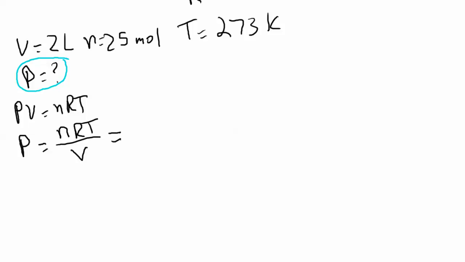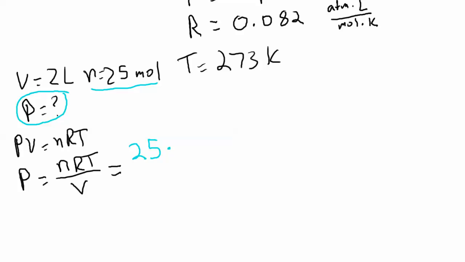So we've got our number of moles here. It's 25. So 25 times, and then R, you have to remember, is that gas law constant, and it's always, always, always going to be 0.082.